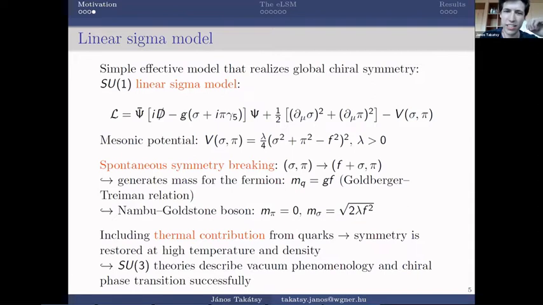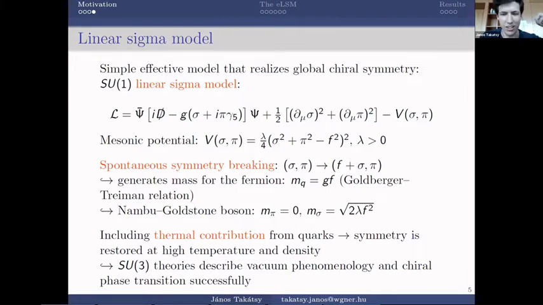And these mesons also couple to the quark field. And these mesons also have a potential term which has a non-trivial minimum. And because of this non-trivial minimum, this will produce spontaneous symmetry breaking. And by this spontaneous symmetry breaking, the quark mass, for example, will be produced, and also we will have the Goldstone boson, the pion, with zero mass, and of course the sigma meson mass will also be generated therefore.